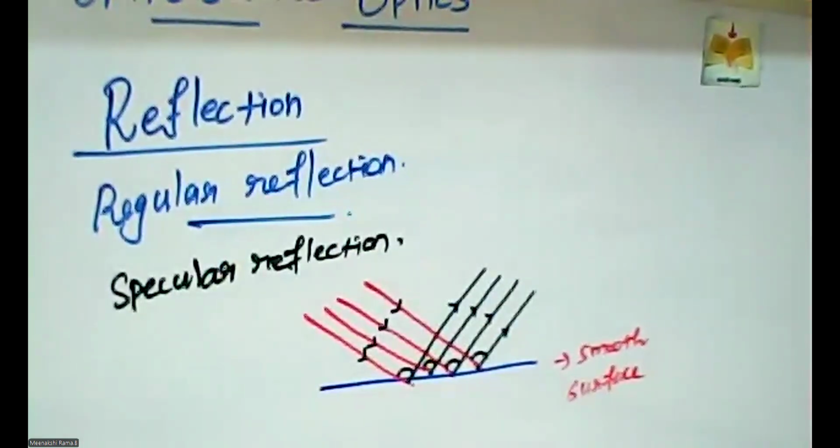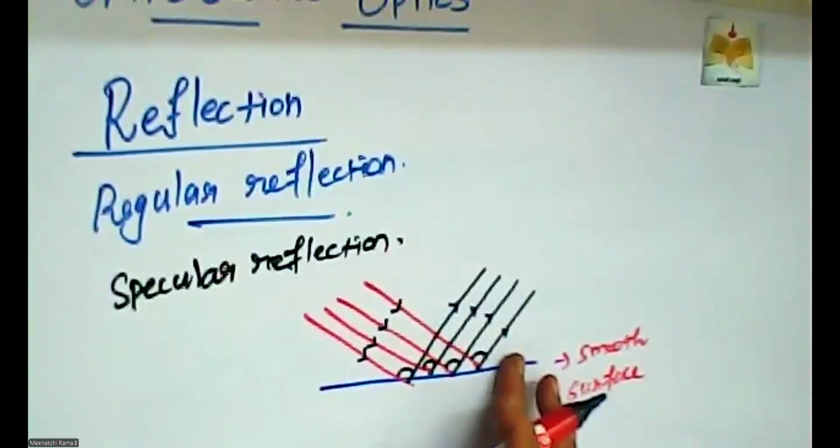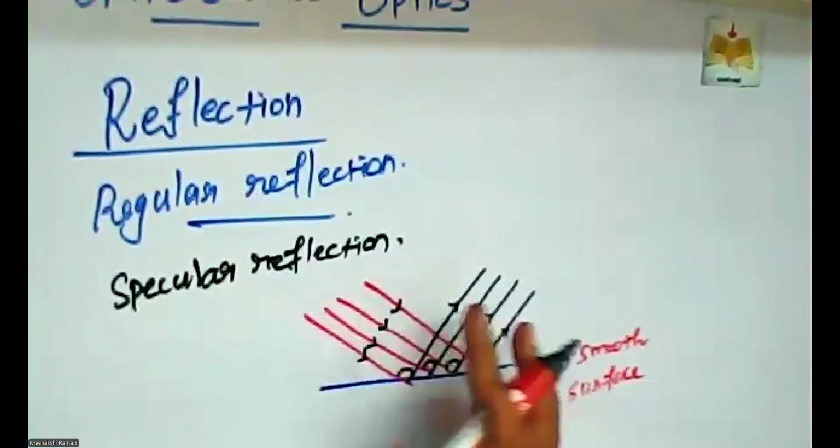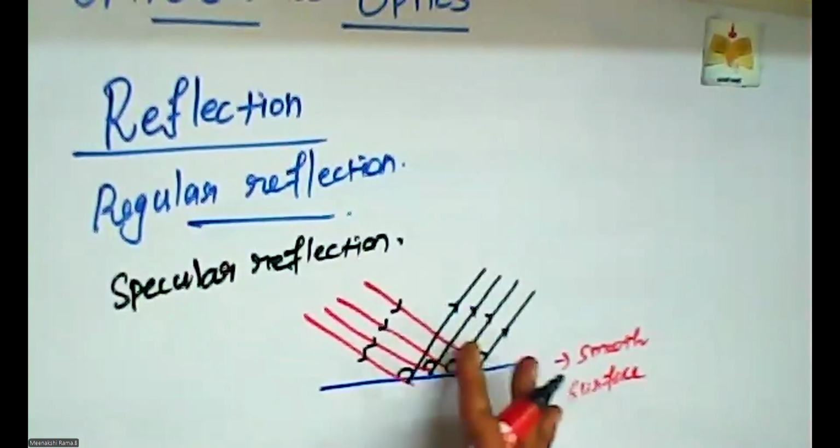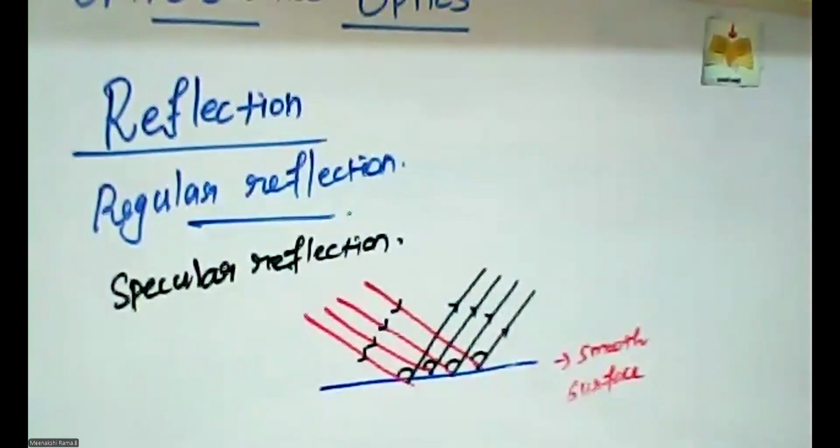So in regular reflection, a beam of light falls on the smooth surface and gets reflected. After reflection, the reflected rays will be parallel to each other. That is correct. The angle of incidence and angle of reflection will be equal for each and every ray. That is also correct. So the law of reflection is obeyed in this case.